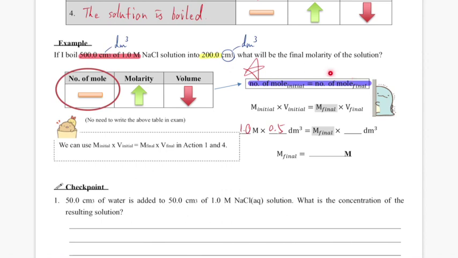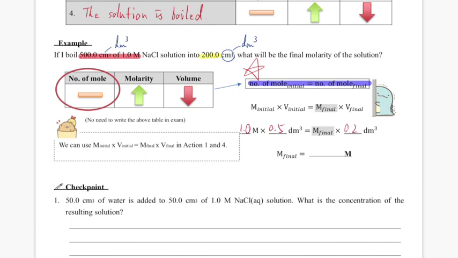Then the total number of mole of solute after your action would be the molarity of the solution in the end, which is the one we are looking for, multiplied by the volume. The volume is already given to you, 200 cm cube, so if we divide by 1,000, it will become 0.2.